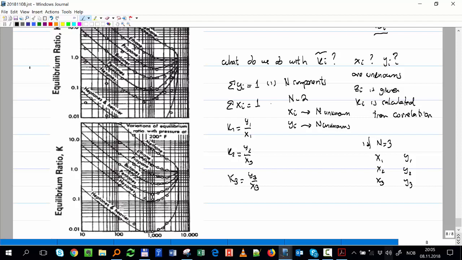So here we have 1 equation, here we have 2 equations, then 3, 4, 5 equations, right? And we have 2 times n unknowns. We need 1 more equation, right? It has to be the same number of equations and unknowns. So what else do we need?